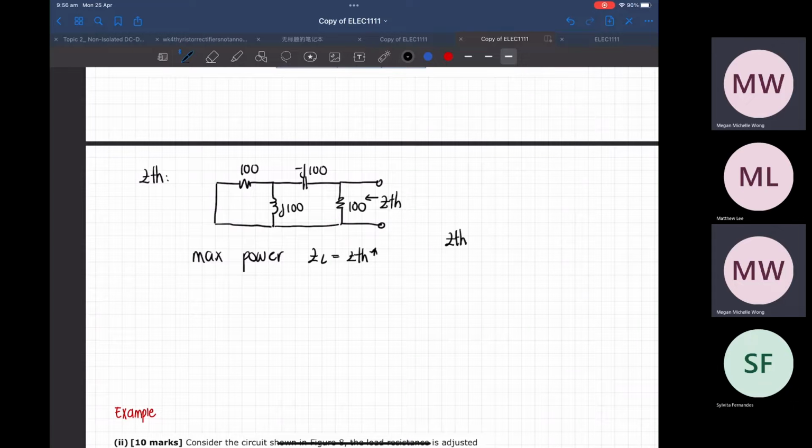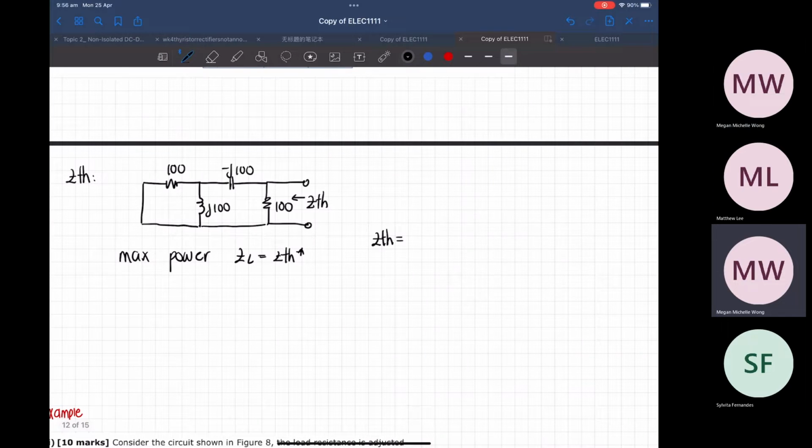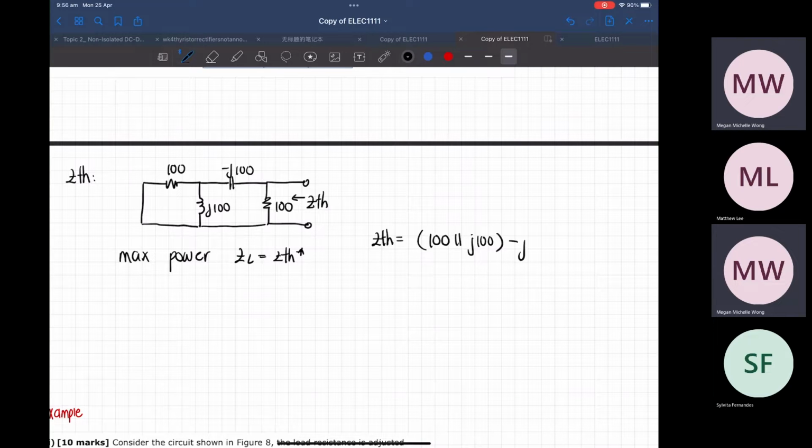So your Z Thevenin in this case is just 100 in parallel with j100, and then minus your j100, and then in parallel with the final 100, which is, I don't know, never calculated the value. 100 plus j hundreds.